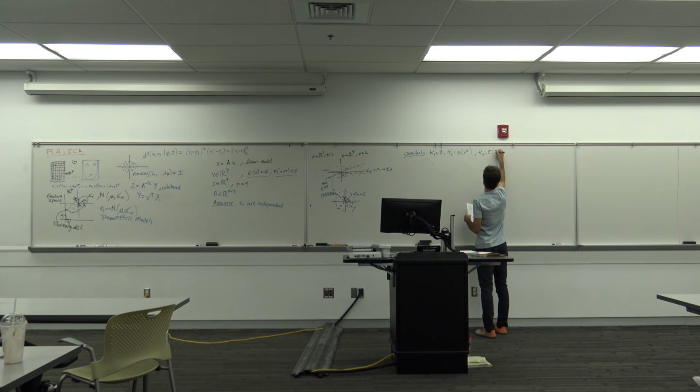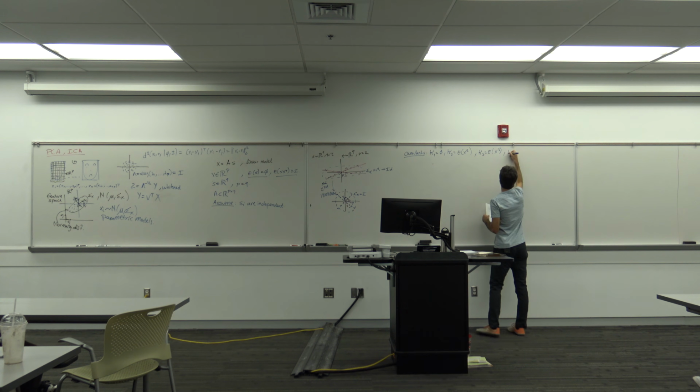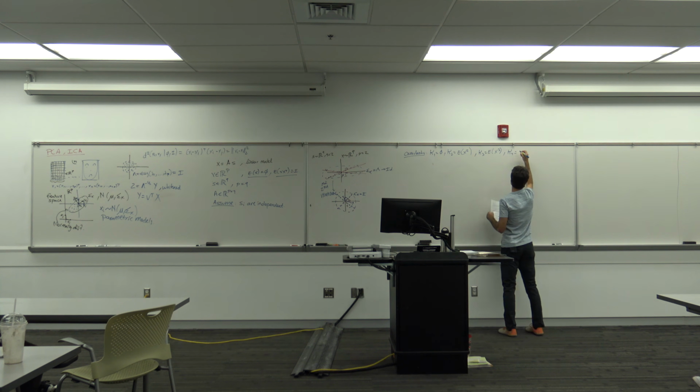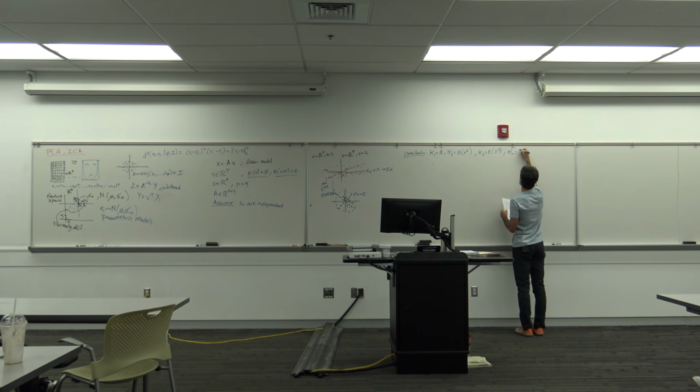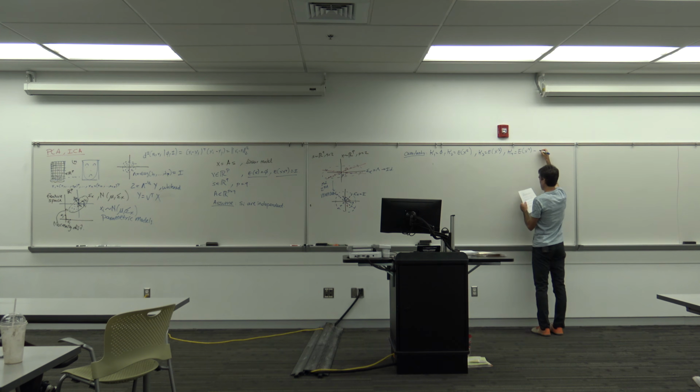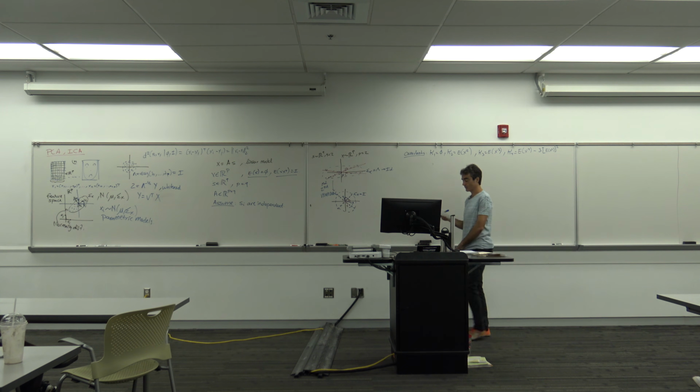K3 usually is written as the third moment, and the fourth, which is the one we are interested in, is the fourth moment minus 3 times the second moment, squared.